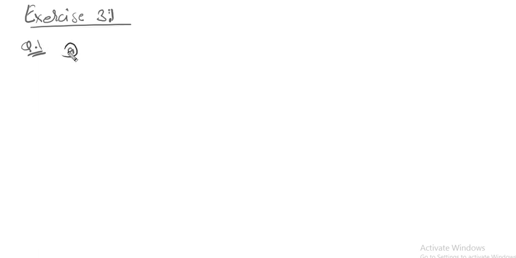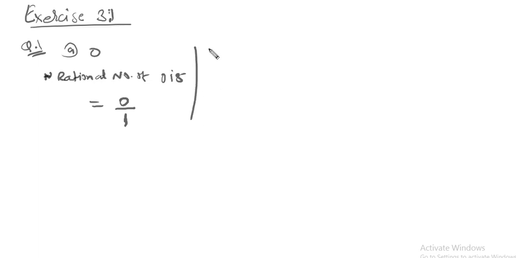So A is 0. How can we write it as a rational number? The rational number of 0 is equal to 0 upon, there is nothing in the denominator, so we can write 1. Right? This is the rational number of 0.